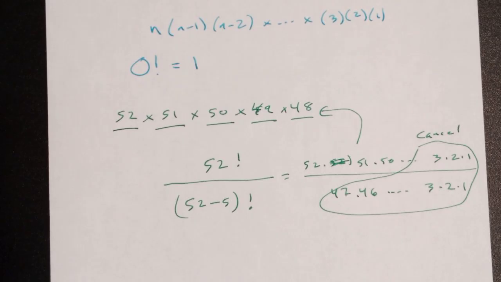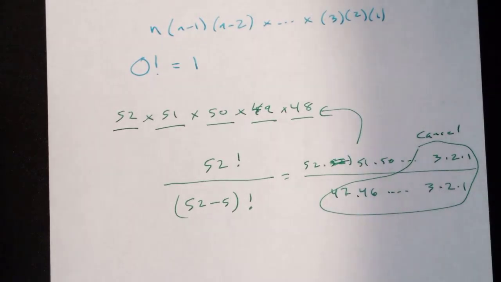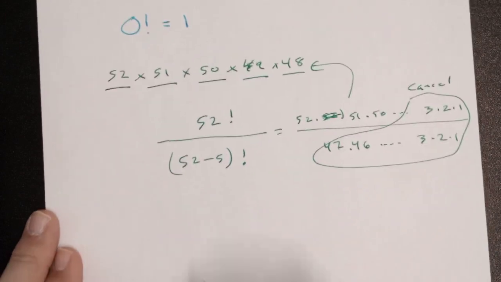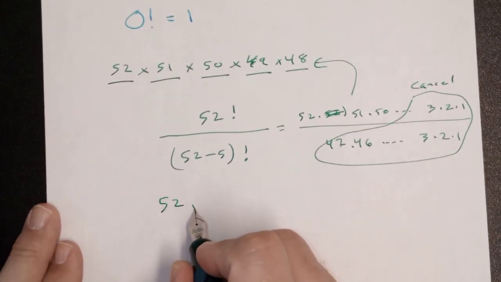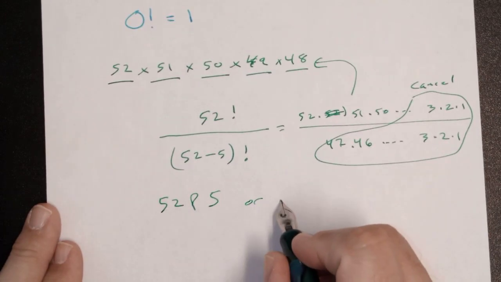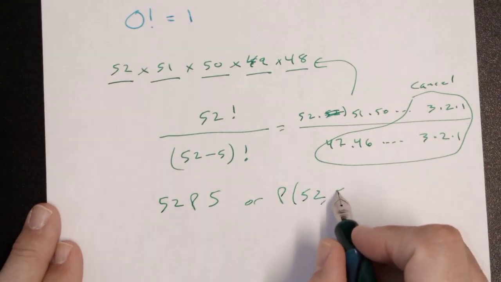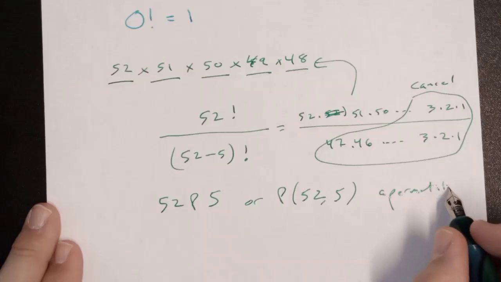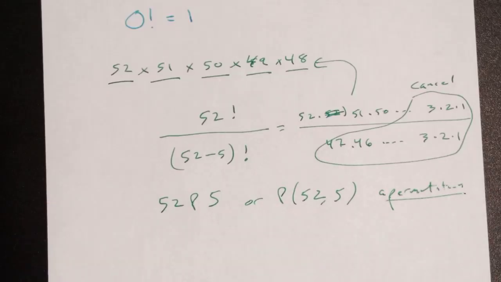This is an ordered selection. And as an ordered selection, because I laid the cards out in order, we call this a permutation. So this is a way to make an ordered collection.